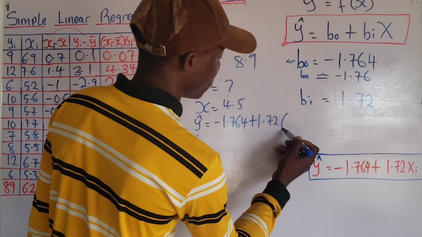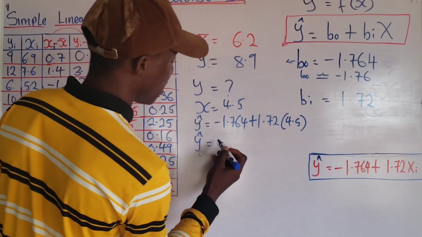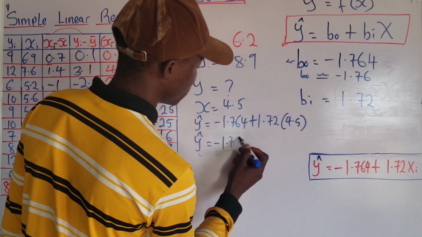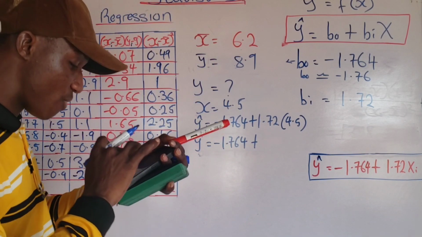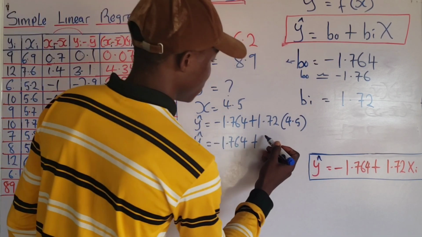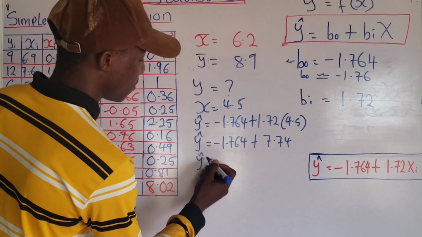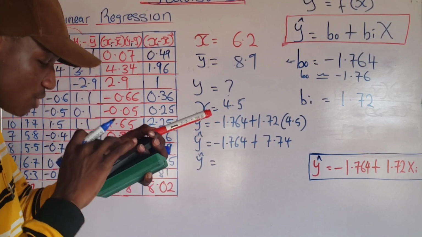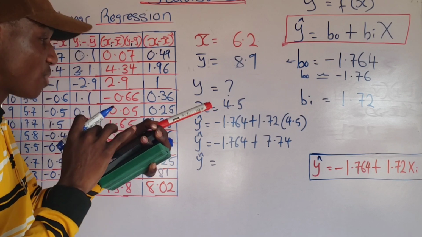So that will be 4.5, okay? So the value of y will now be negative 1.764 plus 1.72 multiplied by 4.5. That is 7.74, okay? So the predicted value of y will be negative 1.764 plus 7.74 rather.